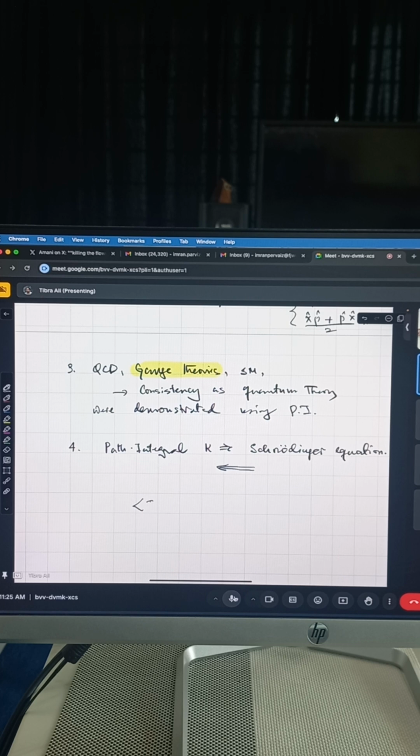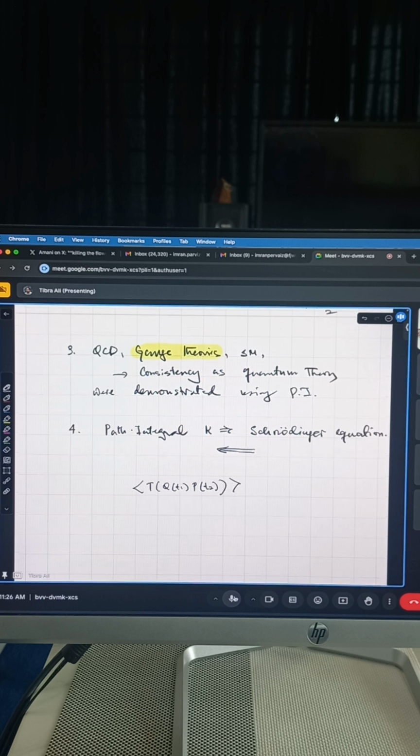But I'm a little unsure how these things that you're sandwiching between two kets, Q and P, are related to the operators that are showing up in the action. Inside the path integral, these would now be functions, and they won't be operators.